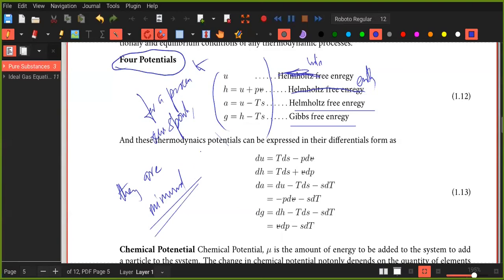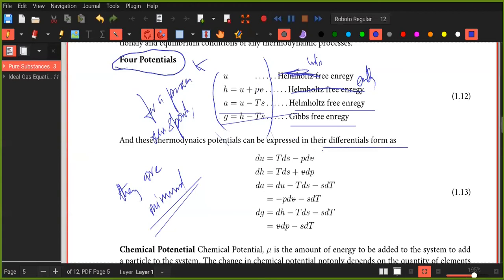Okay, there is a lot of redundancy built into this. So usually, if we go for any one of these things, Helmholtz or Gibbs free energy, we'll get a very good idea on which direction the process is going to happen. Okay, so these potentials can be written in their differential form.